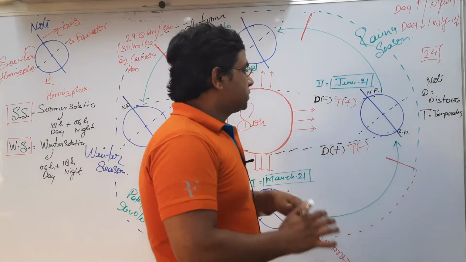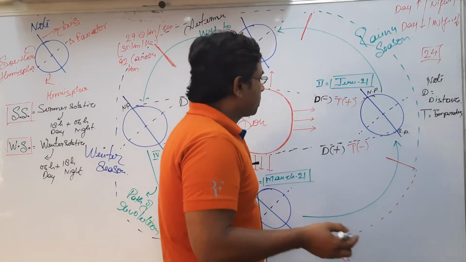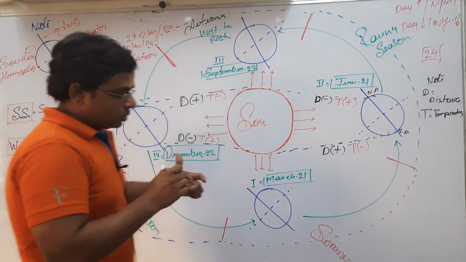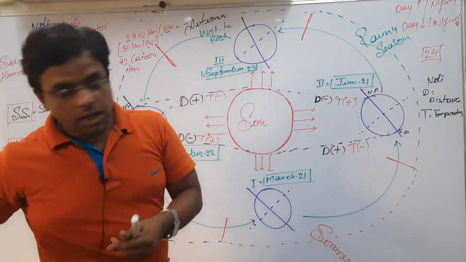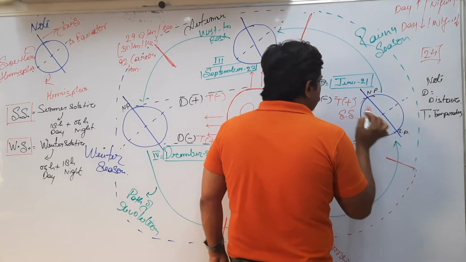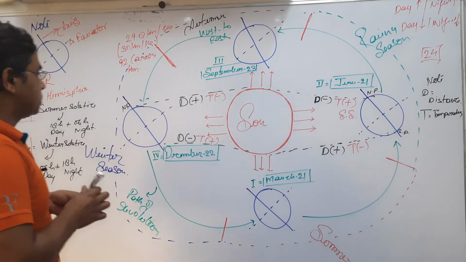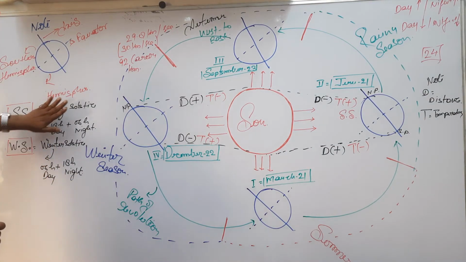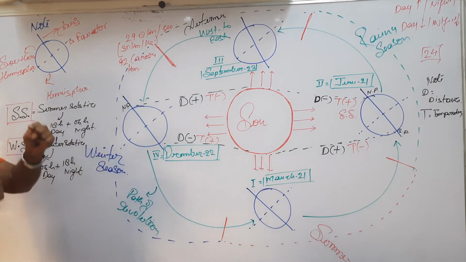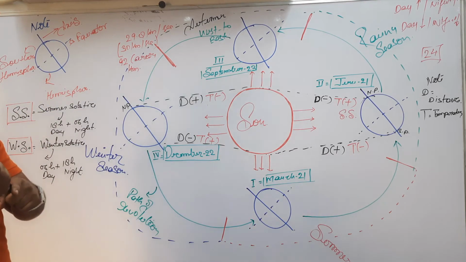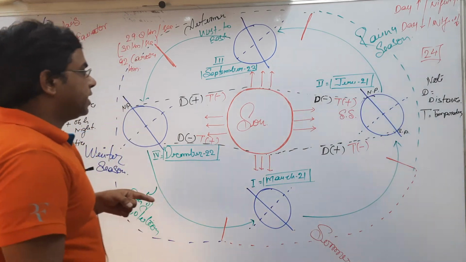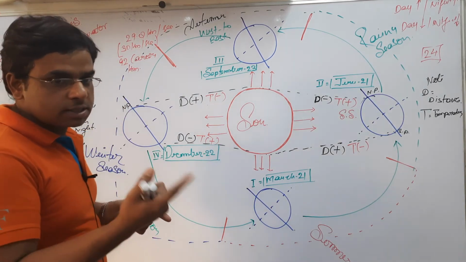In the northern hemisphere it is summer, and that's why it is known as the summer solstice. So on the 21st of June in the northern hemisphere we have the summer solstice. Now what is a solstice? As I have explained in the written notes, when there is a maximum difference of 12 hours in the time duration of the day and the night, that is known as a solstice.